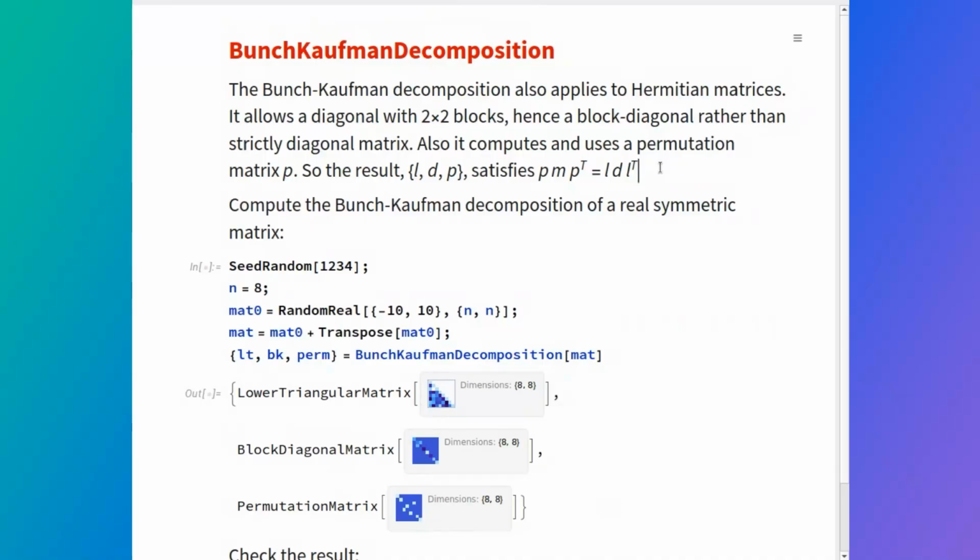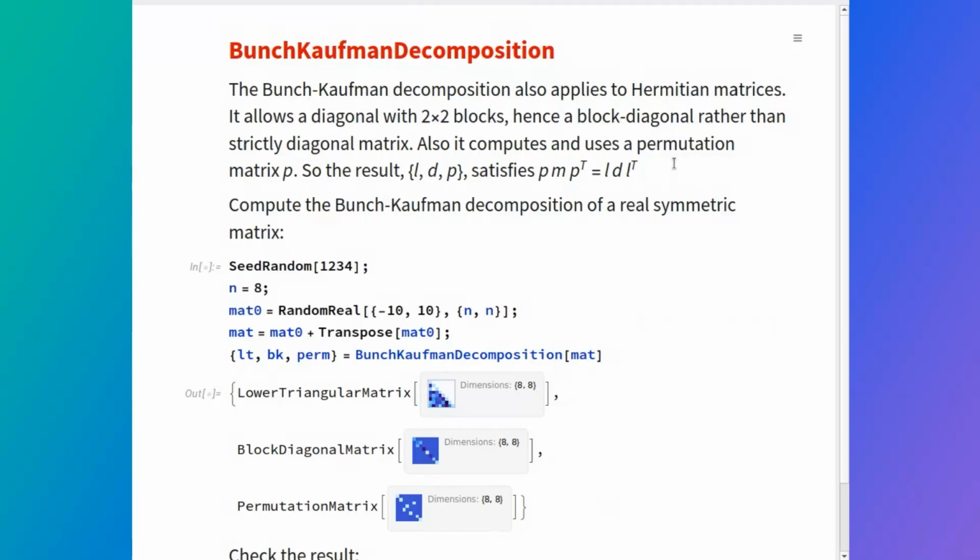The Bunch-Kaufman decomposition generalizes LDL, and it has two nice attributes. One is it allows for pivoting, and the other is that it often gives a result that is in some sense numerically more stable, meaning it's easier to use that result, say, for a linear solver for a Hermitian matrix.